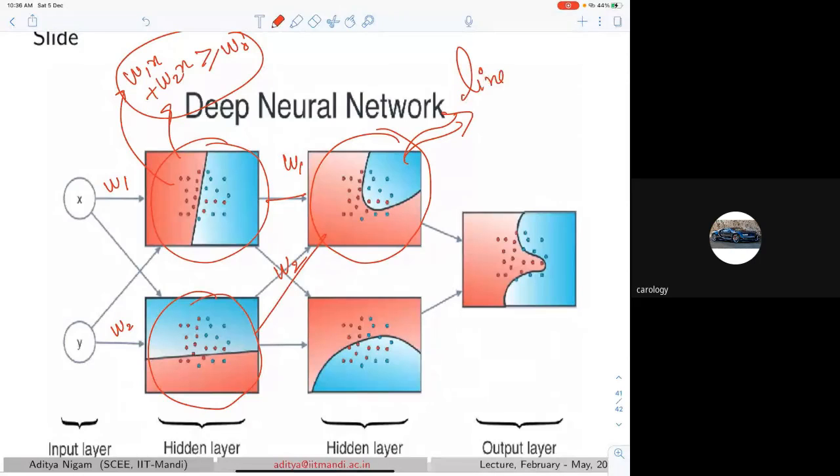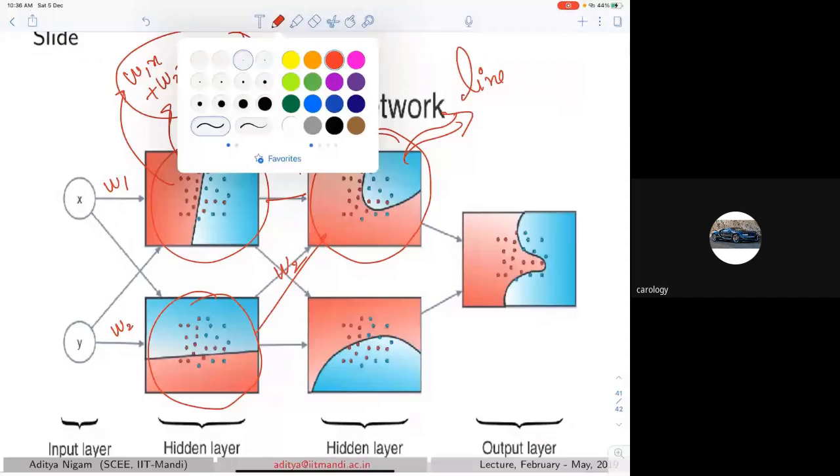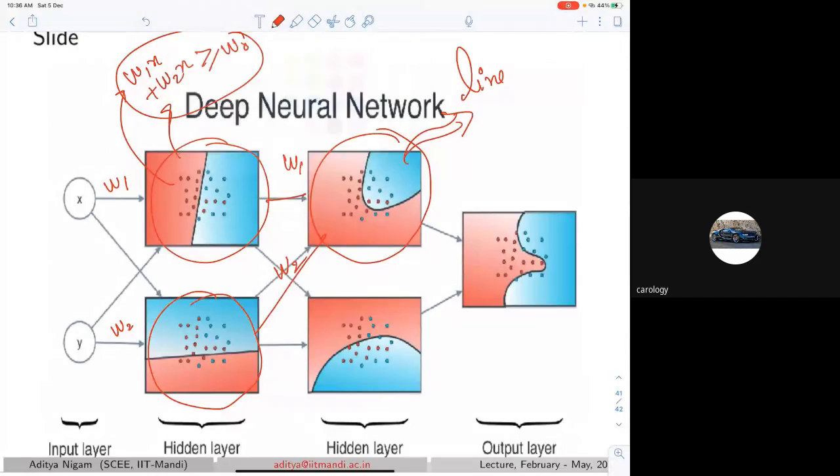Now there is one catch that I didn't mention: whatever output this neuron is giving, over that we are not directly working. Suppose it is giving you output O1. Over that we are not working. We are applying an activation function over O1. And what is this activation function?